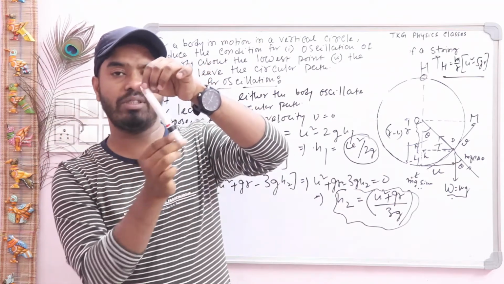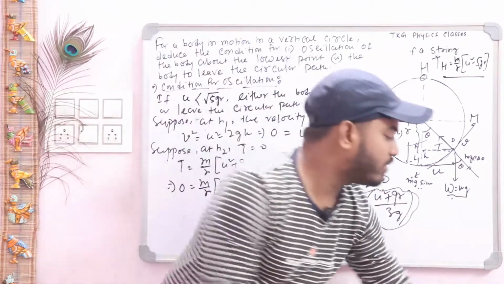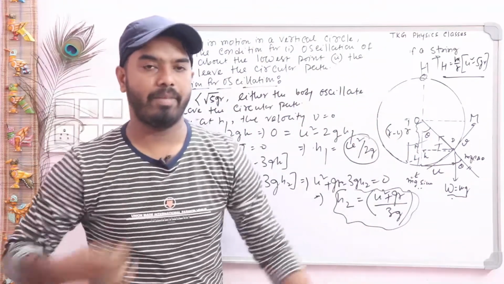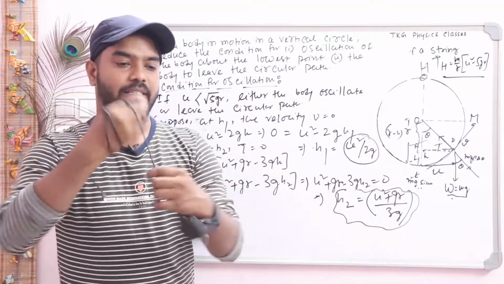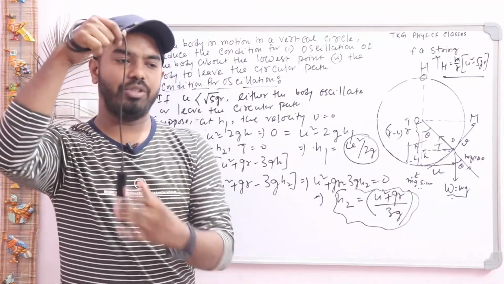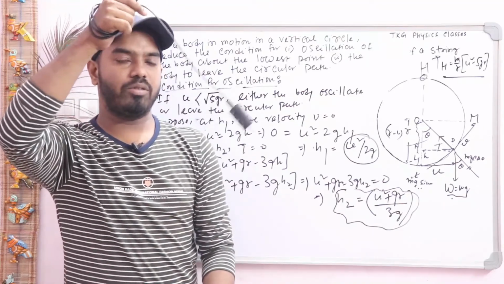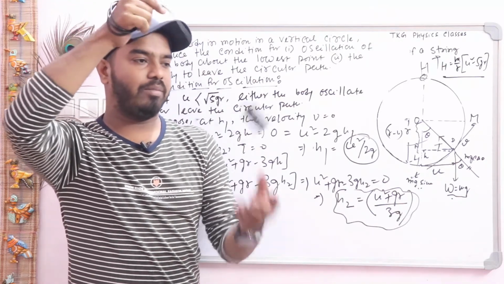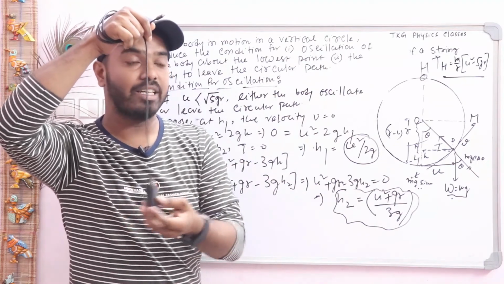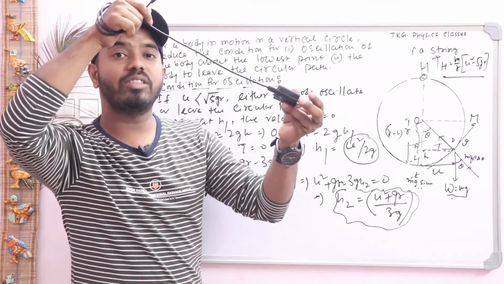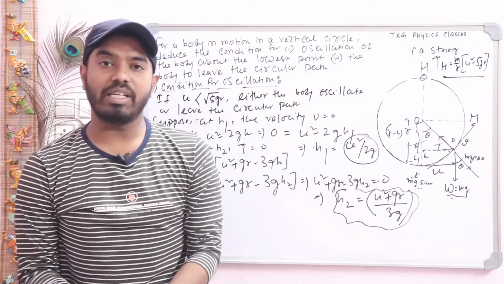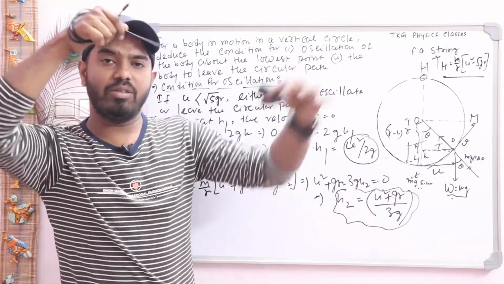The body attains up to this point, then returns back. Why does it return back? Because at this point the velocity of the body is 0. So what is the condition of oscillation? This is the oscillation.